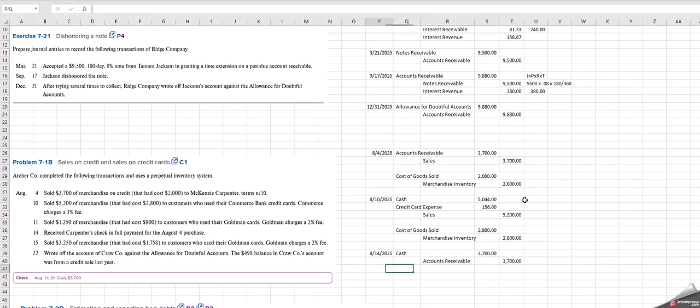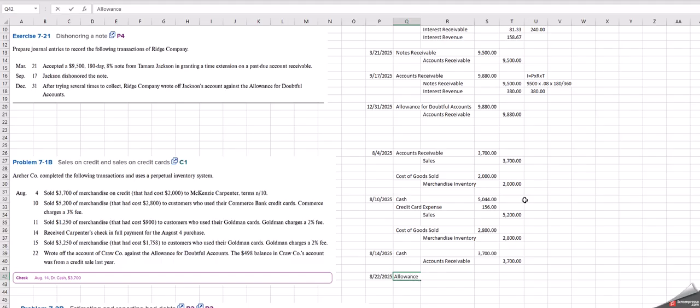Okay, and again, I'm going to skip because the credit cards will be the exact same as what we did on the 10th. Then on the 22nd, let me go down. Then we wrote off an account of Craw Company against our allowance for doubtful accounts. The $498 balance in the Craw Company's account was a credit sale from last year. So we don't care when it was from.